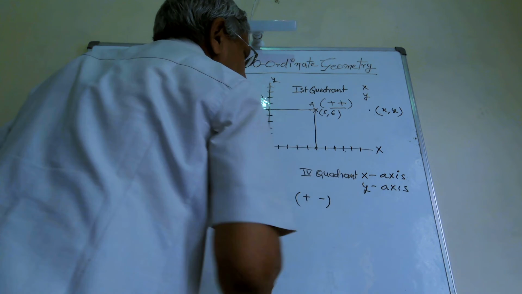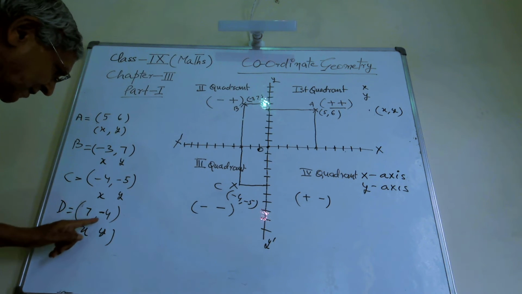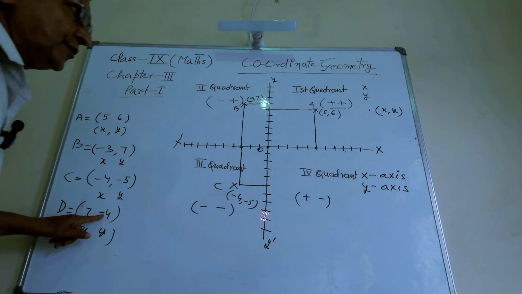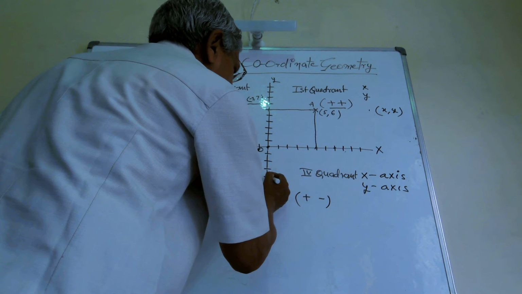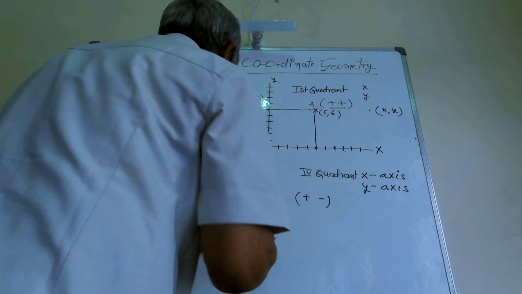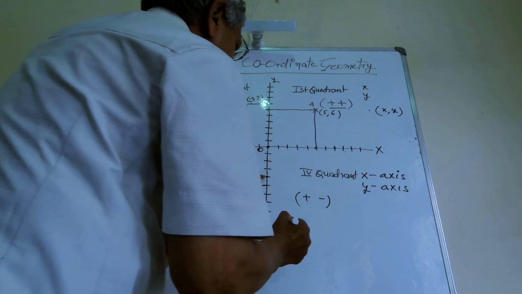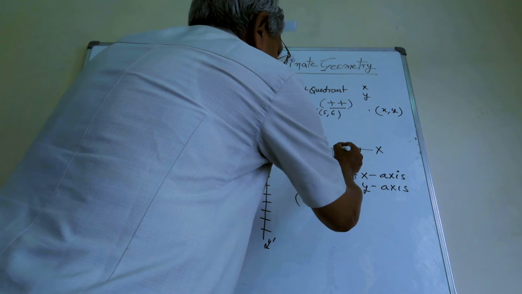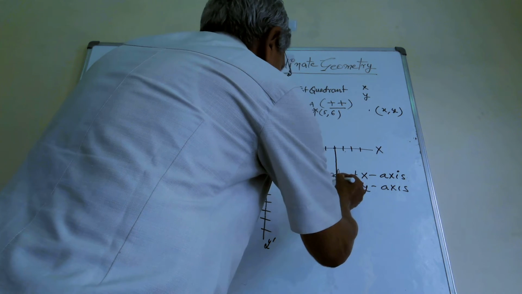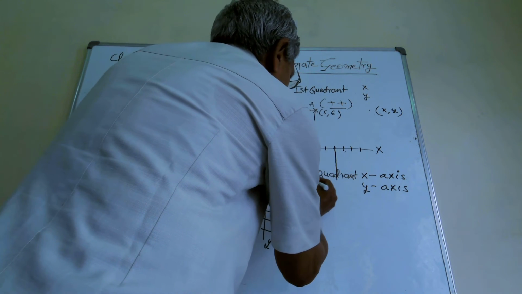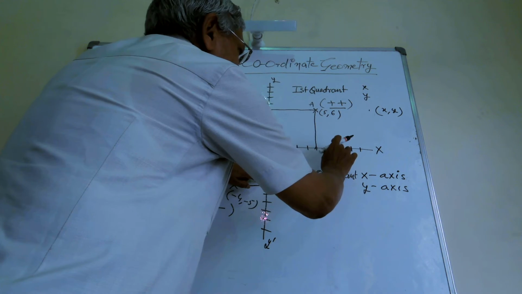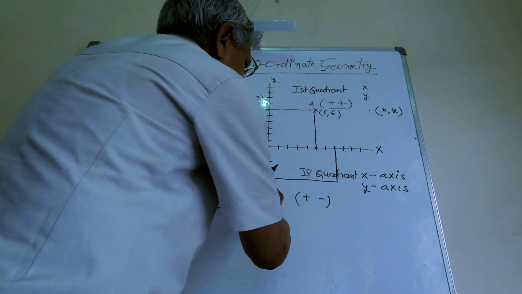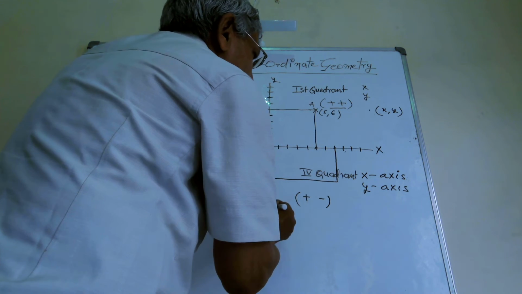X is here. Now, Y is -4. On the downside, -4: 1, 2, 3, 4. This is Y. Draw a perpendicular from the X axis and draw a perpendicular from the Y axis.